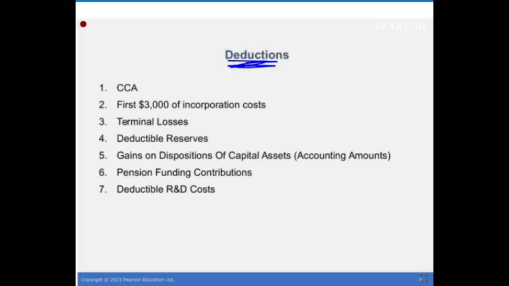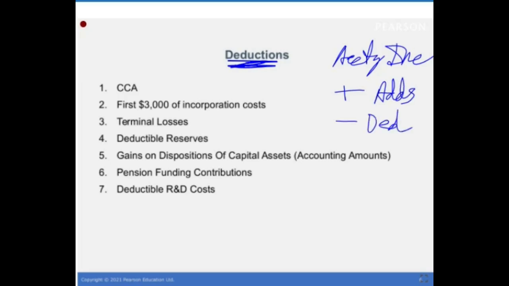So that was a list of examples of things that we would add back. On the flip side, we have stuff that we're going to deduct. So again, we're starting with accounting income right off the financial statements. And then we're going to add some things back. Right, so we're going to have these adds, and then we're going to have some deducts.